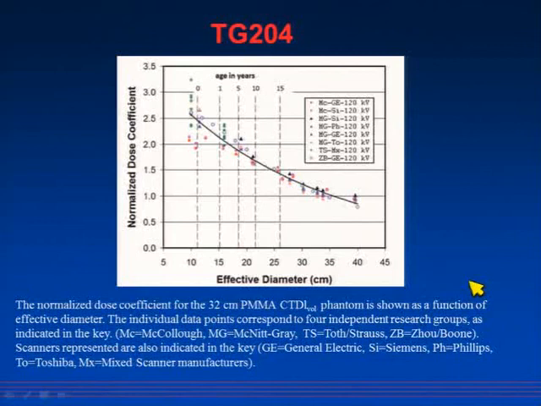TG204 did this for a variety of things and came up with a curve that provides us with something we call size-specific dose estimate, SSDE. What this does is tell us not patient dose, but what we would get to a plastic cylinder or to some phantom that was appropriately sized for the patient that we're dealing with.